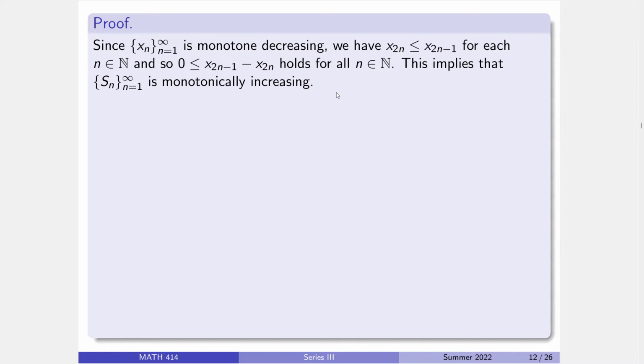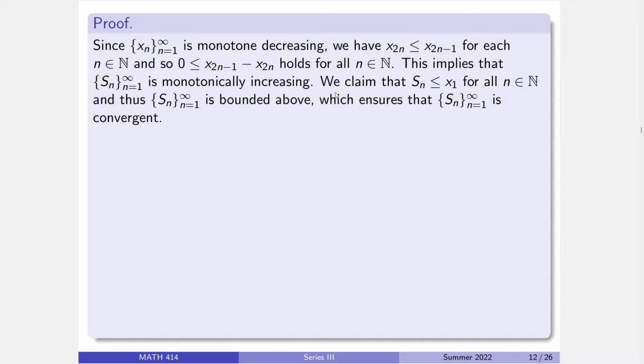That's a fun little thing. All right. So what we'll now claim, which I already alluded to, these capital S sub n's never exceed x1, right? Because if we're talking about how the summation works, you start with x1, you subtract off x2, then you add x3, but x3 is no bigger than x2, so when I add it back, I never get bigger than x1.